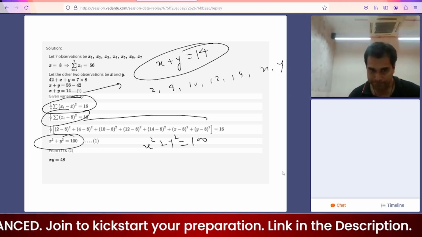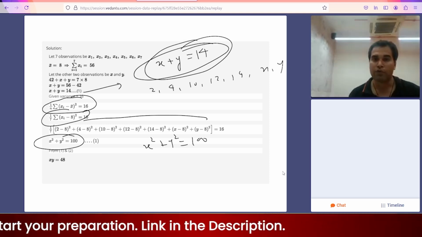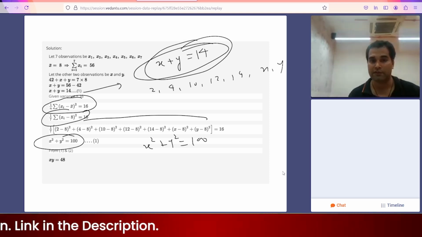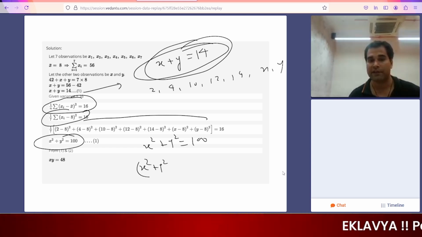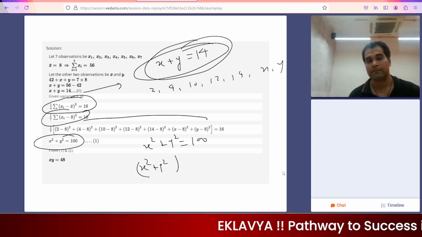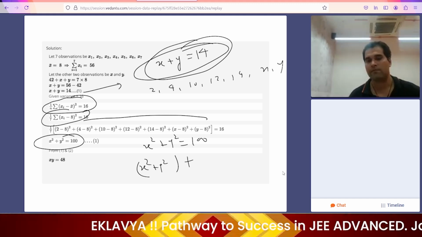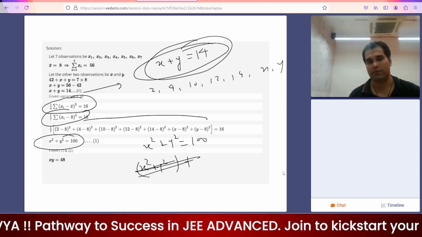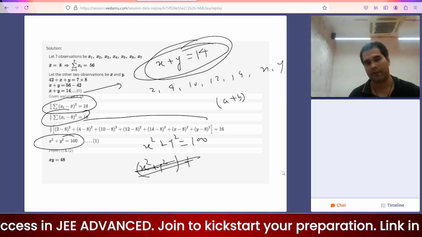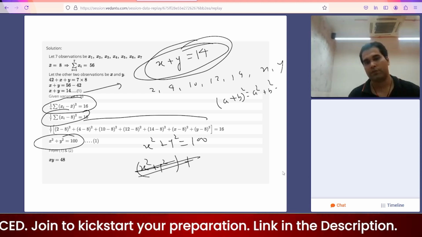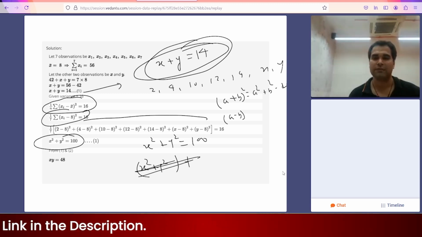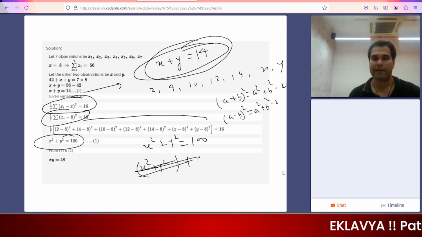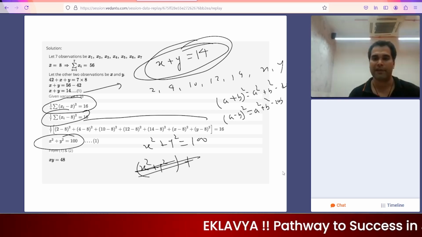Now solve both the equations. As we know the formula, a plus b whole square is a square plus b square plus 2ab, and a minus b whole square is a square plus b square minus 2ab.